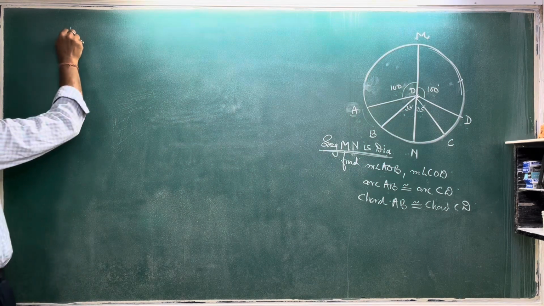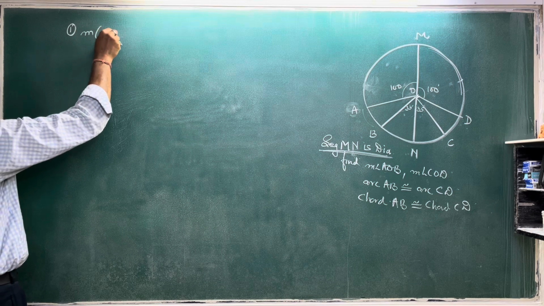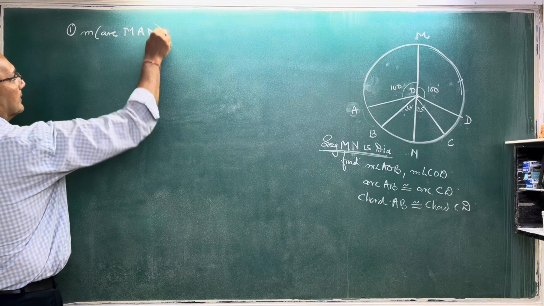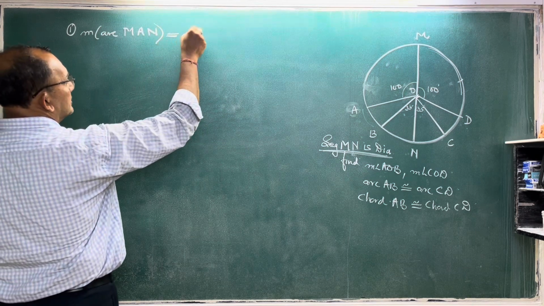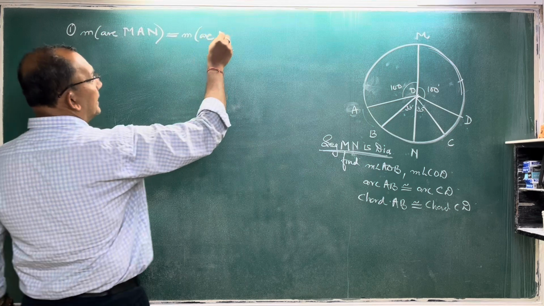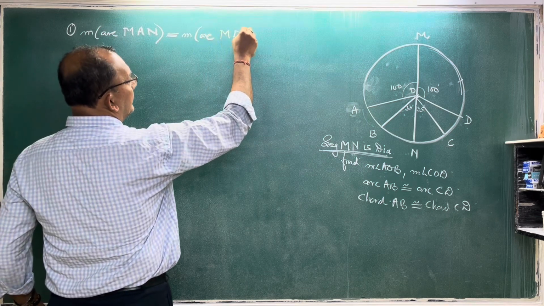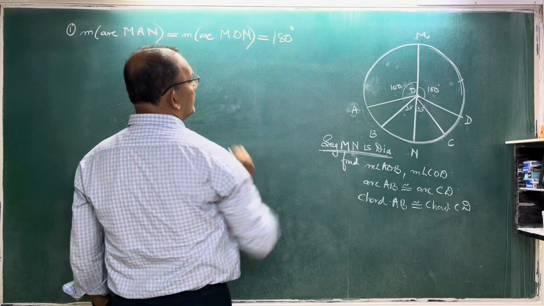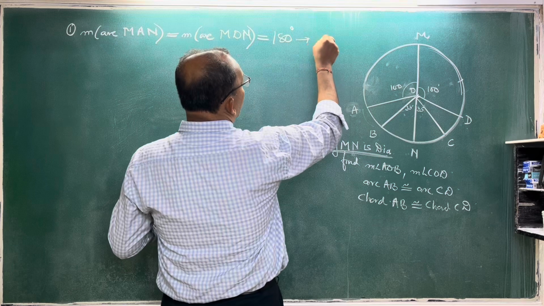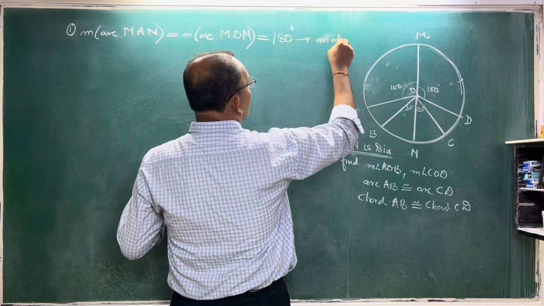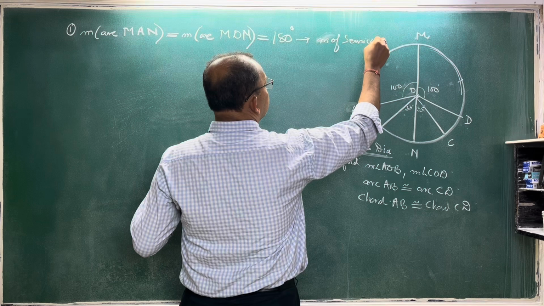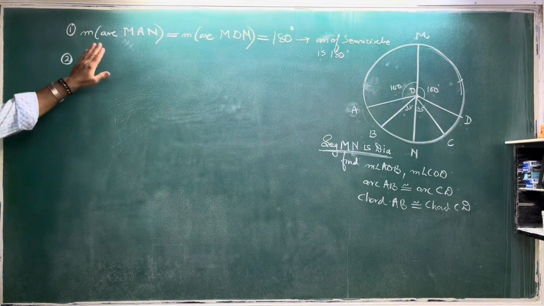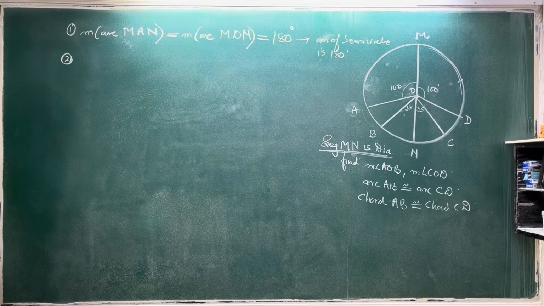So first, measure of arc MAN will be equal to measure of arc MDN, and both of them will be equal to 180 degrees. Reason, measure of semicircle is 180 degrees. Measure of both these particular arcs is equal to 180.